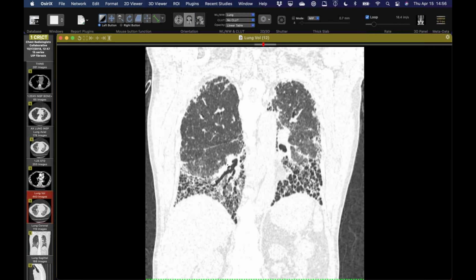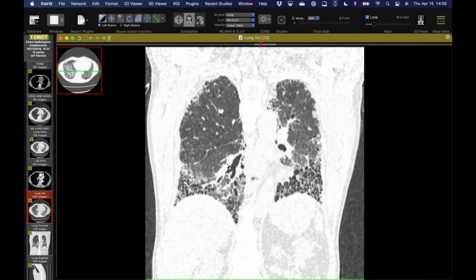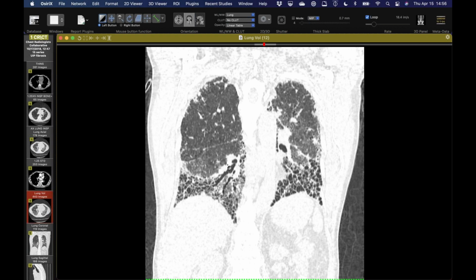And then I think we also have sort of a four-corner sign, where you have a lot more posterior disease in the lower lobes and a lot more anterior disease in the upper lobes. So it always makes you question connective tissue disease.